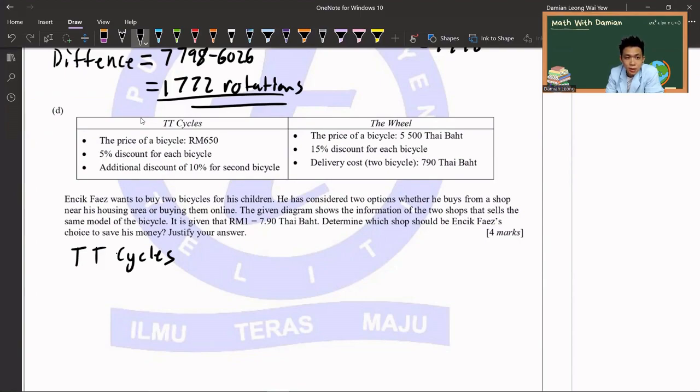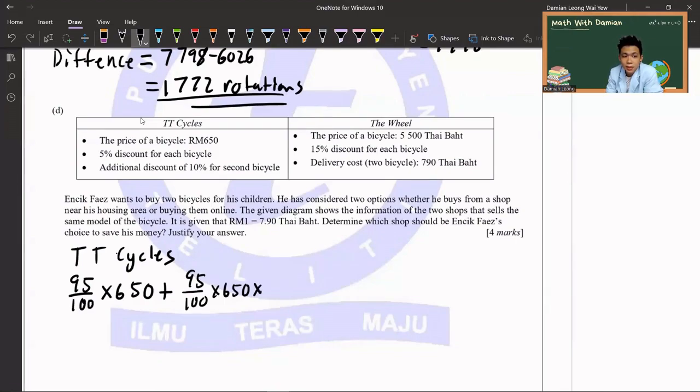So for the first bicycle, it will be 95% on the 650 ringgit. The other one is 95% of 650, then another 10% discount.